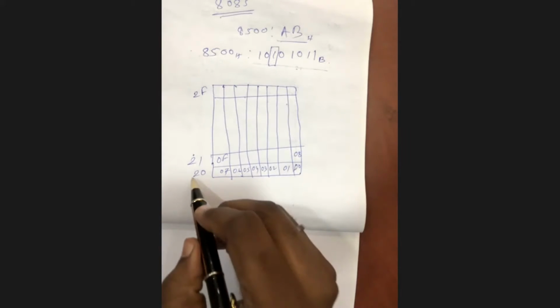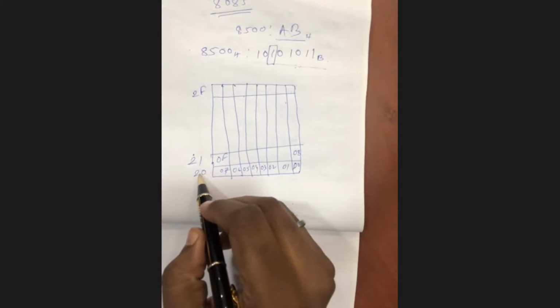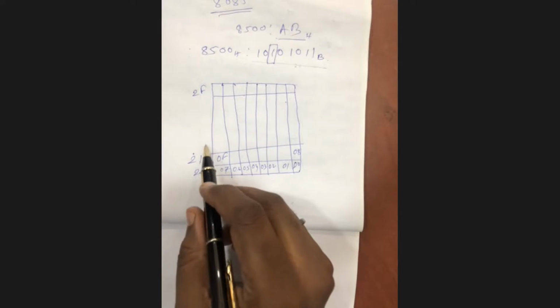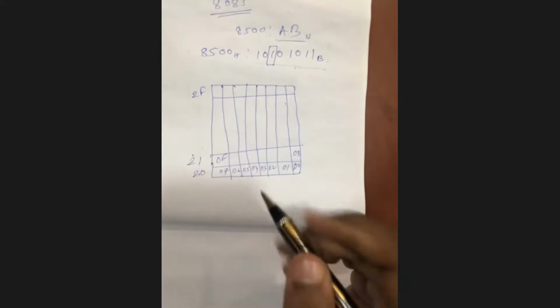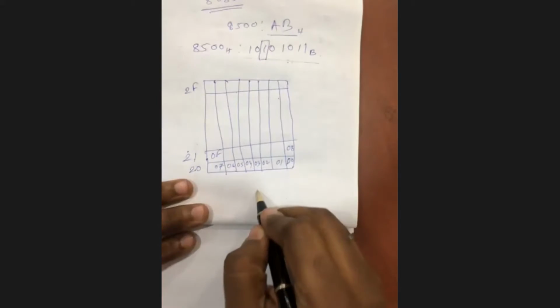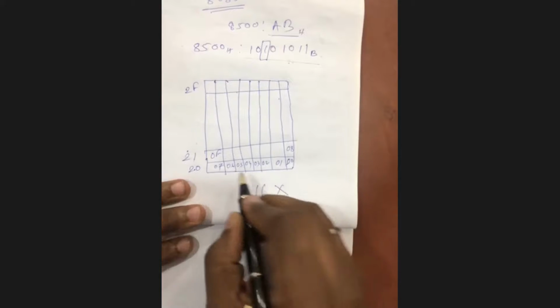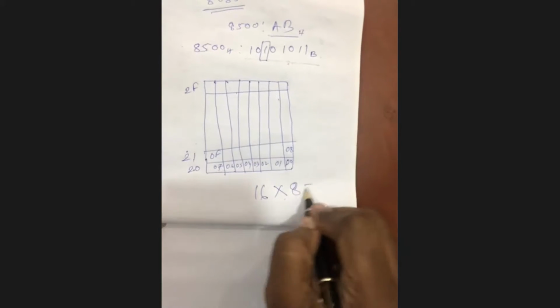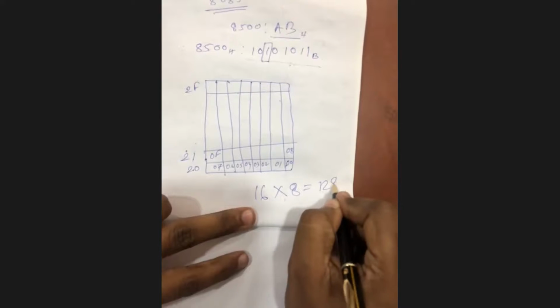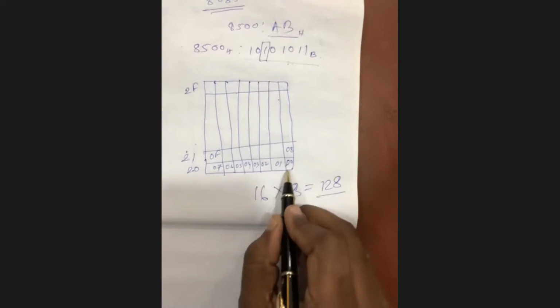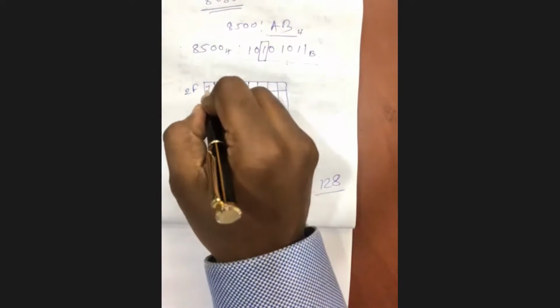There are 16 locations. Every memory location has how many bits? 8 bits. So 16 into 8 bits is equal to 128. So if I start from 00, it will end at 7F.